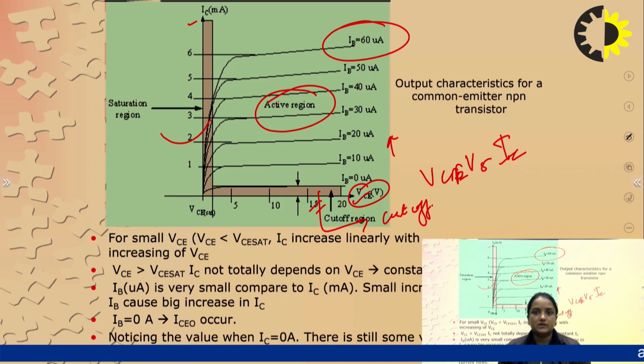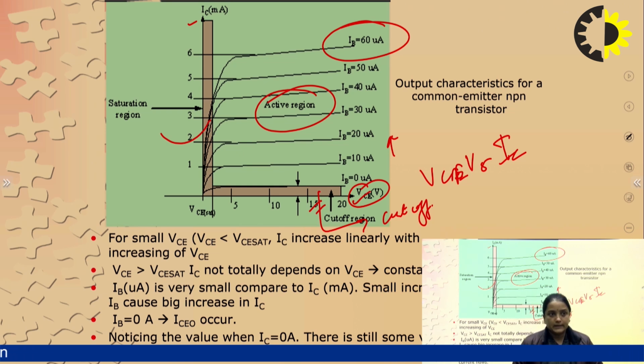Various parameters used for the analysis of BJT we will discuss in the next lecture, which will be the analytical part, in which we will discuss the derivation of input resistance, output resistance, current gain and voltage gain for the different configurations.